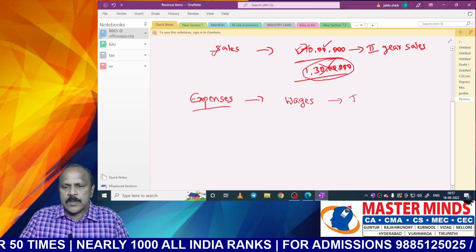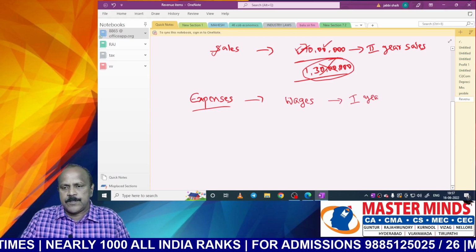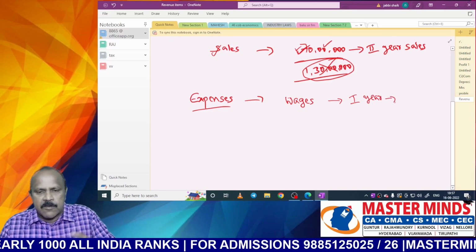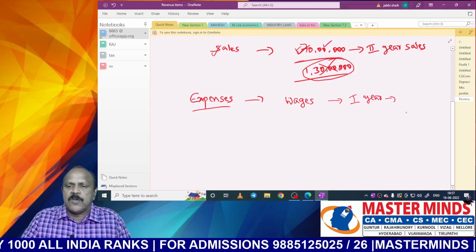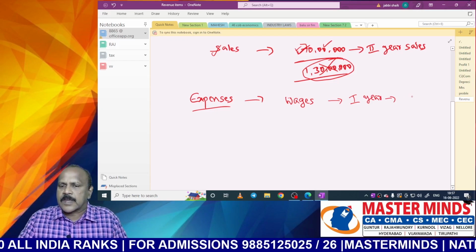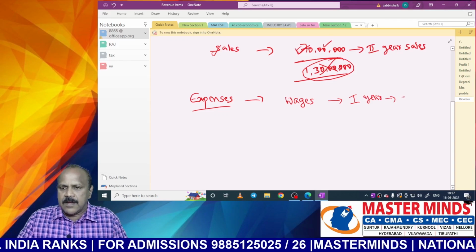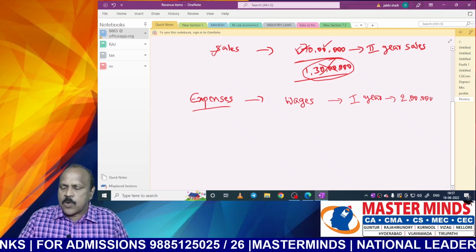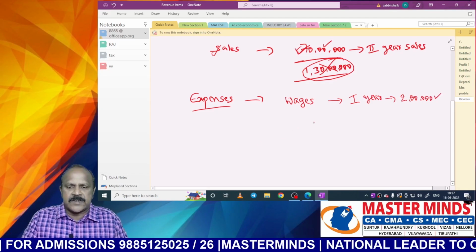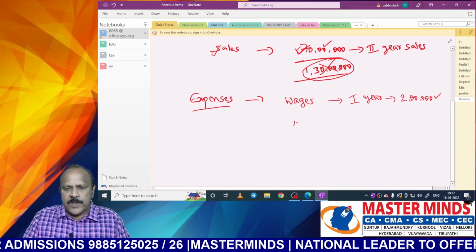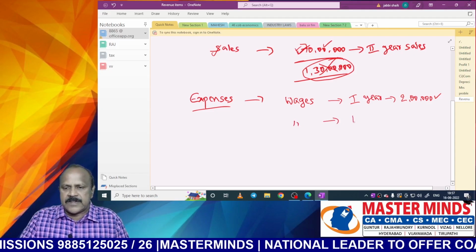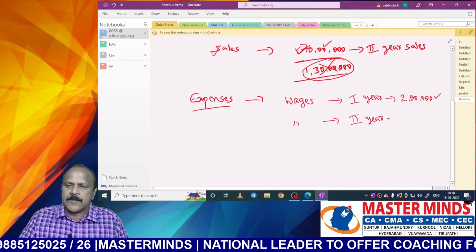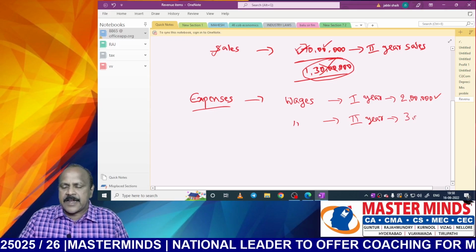If we pay wages during first year, let it be an amount of 2 lakhs. This is called first year wages, students. And if we pay wages for the second year, it is called second year wages.